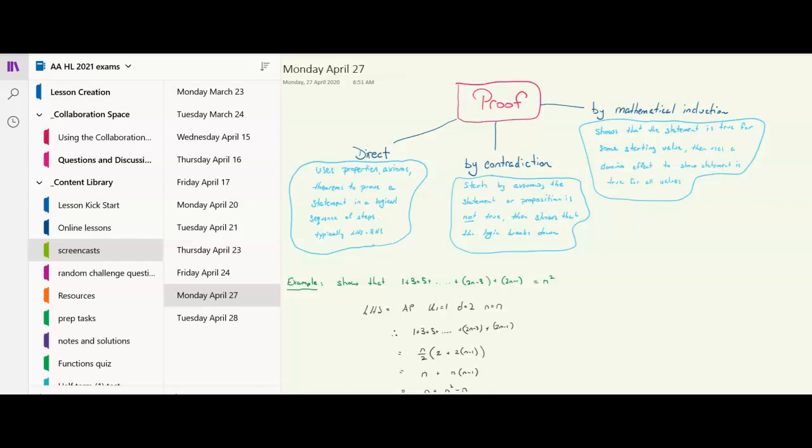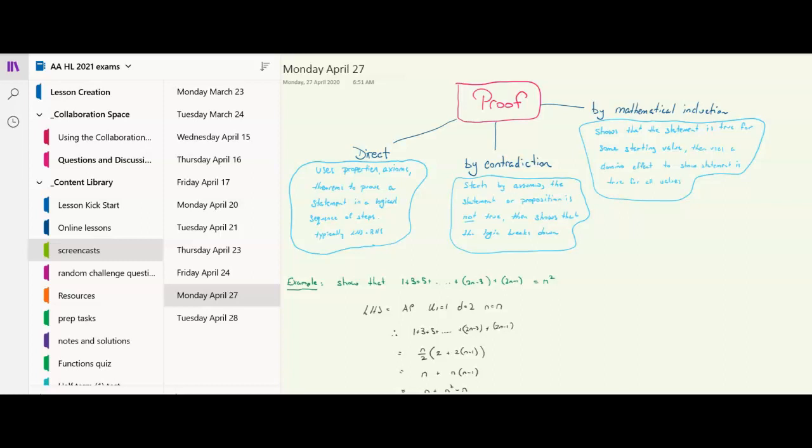Now, today we're going to look at another method, which is slightly counterintuitive, or slightly strange, or certainly different to any type of mathematical procedure that you've perhaps done in the past, in that we're going to assume false.